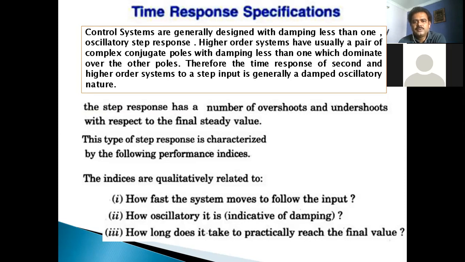So generally the time response is specified in terms of these specifications. For any system, we can consider the response as an oscillatory response, and it can be specified using the following specifications.